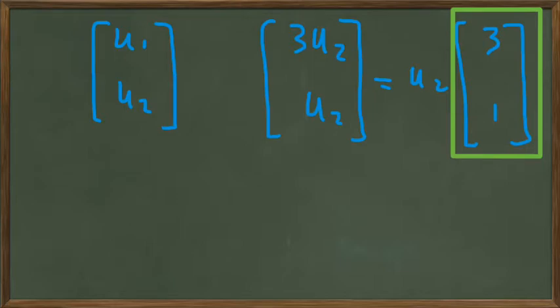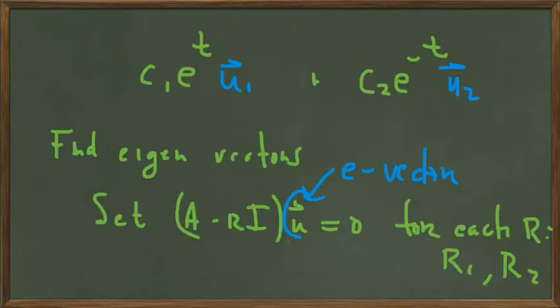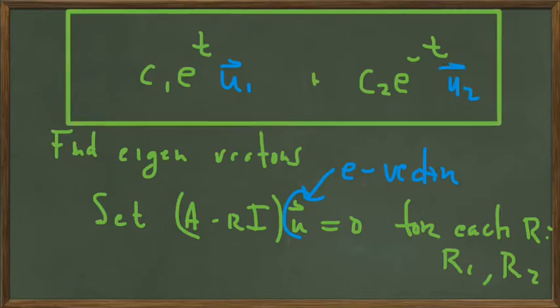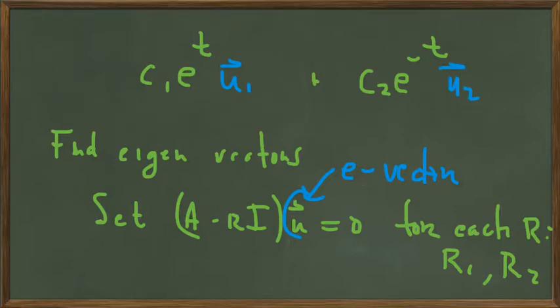So 3, 1 is that first eigenvector. So if we go back to this form where we had our solution, we can write in that this U1 right here is the eigenvector 3, 1. And now we need to find this eigenvector U2.